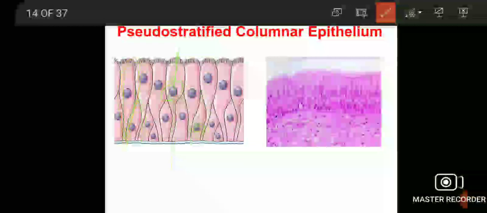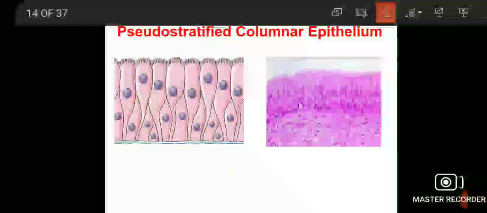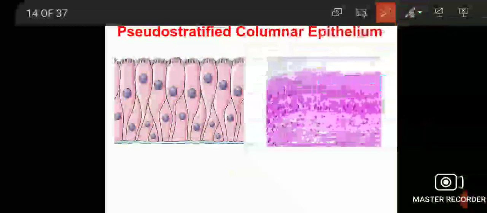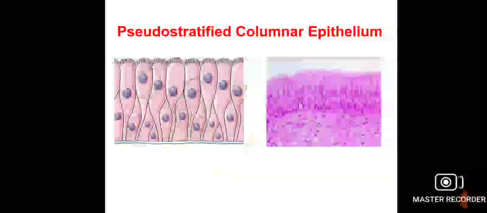So in this diagram you can appreciate that the tall columnar cells and the basal cells both lie on the same basement membrane. Okay, but you can see that their nuclei are present at different levels. This nucleus, this nucleus, this nucleus, they are present at different levels. So when we see this epithelium, it gives a false appearance of being stratified because of their nuclei being present at different levels.